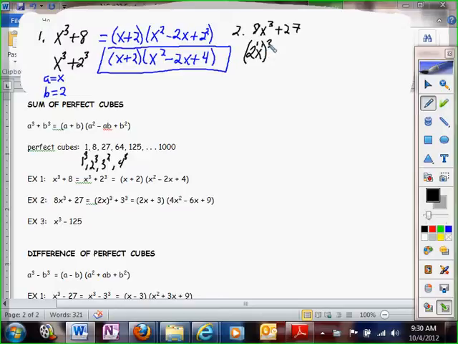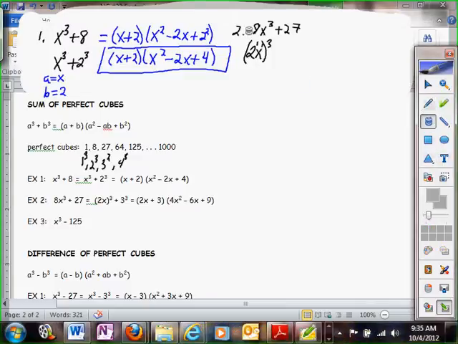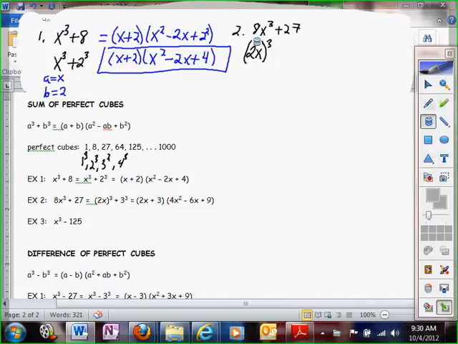And the rule says that if there's a power outside, it has to be multiplied to each power inside, which would give me 2 to the third, which is the 8, and x to the third. And so that's how I know that 2x in parentheses cubed is the same thing as 8x cubed.